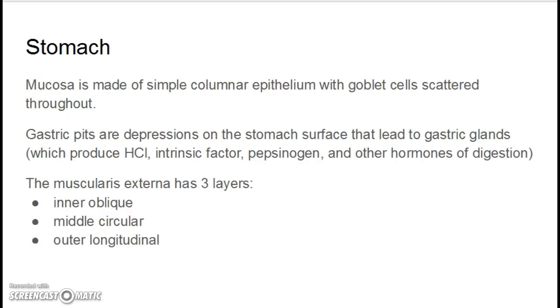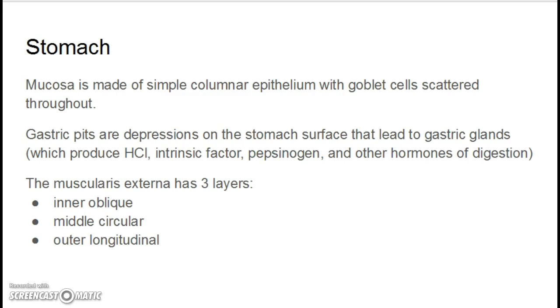The mucosa is made up of simple columnar epithelium, which almost all look like goblet cells. And the goblet cells produce a mucus that is going to protect those simple columnar cells from the acidic contents of the stomach. We'll be seeing some gastric pits at the end of these simple columnar cells that lead down to some gastric glands.